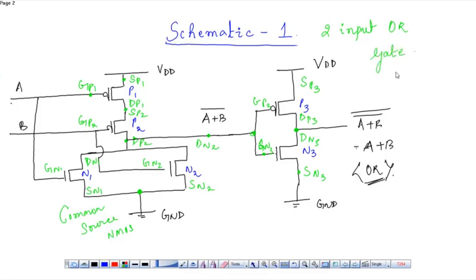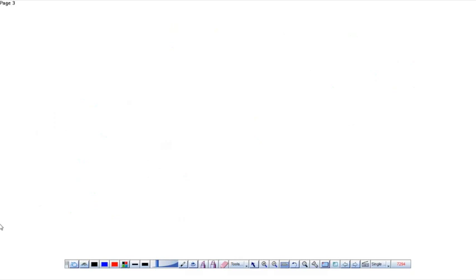Now we will see the twisted schematic of a two input OR gate. This is the schematic of a two input OR gate.